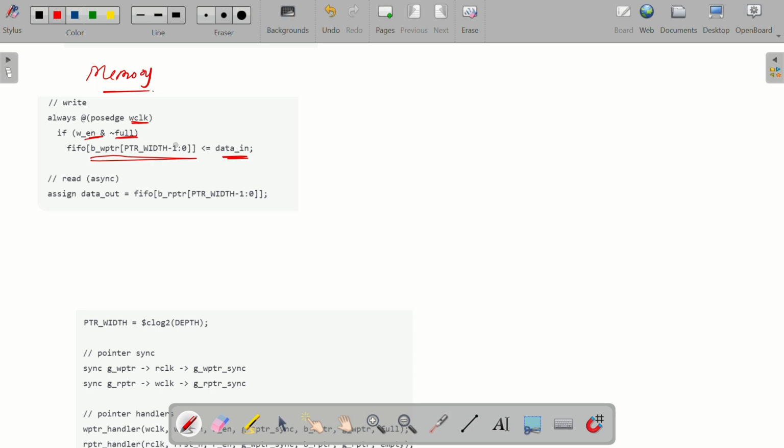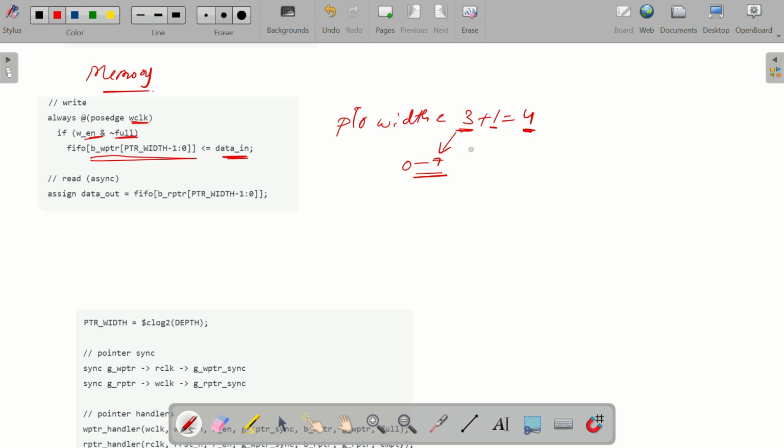Here we have seen that the pointer width in the previous case was 3 plus 1, which is nothing but 4. The 3 is a sufficient number of bits to represent 0 to 7th location for a FIFO depth of 8, but you add 1 in order to account for the wraparound condition in case of the full flag.